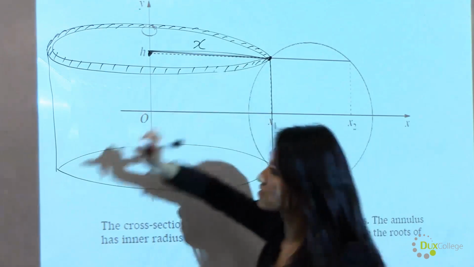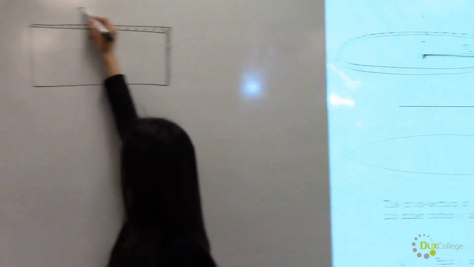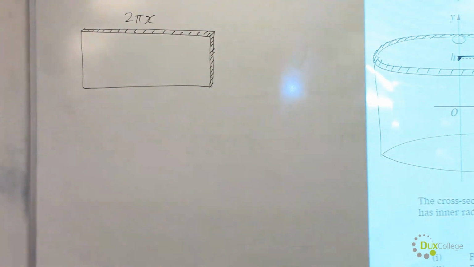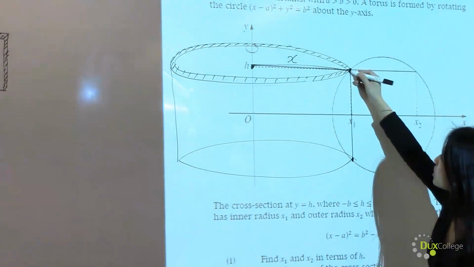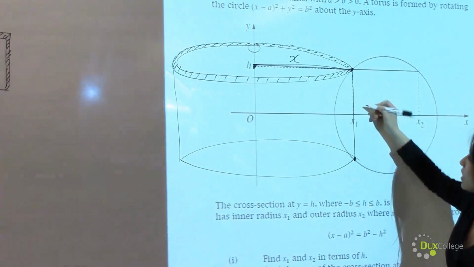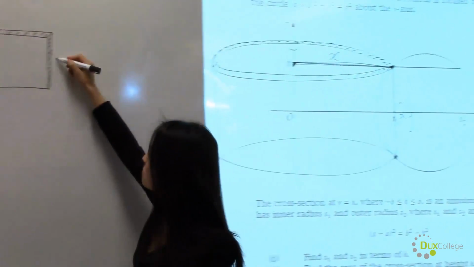So that's x. So therefore, the length of this rectangular prism must be 2 pi x. Now the height, from here to this point is y. Since you go all the way down here, this must be 2y. So the height of this rectangular prism must be 2y.